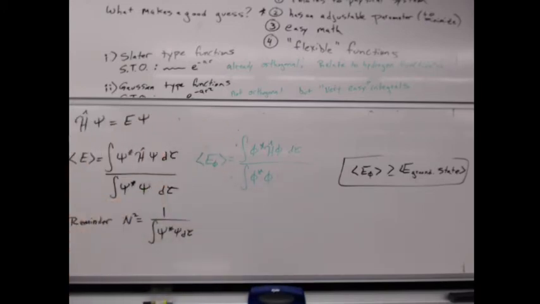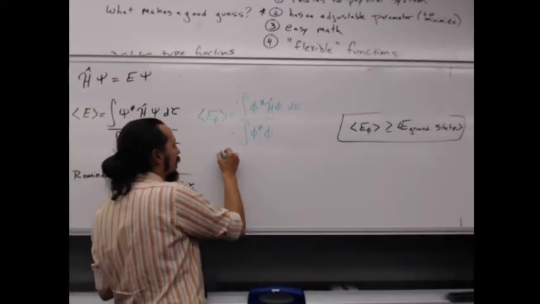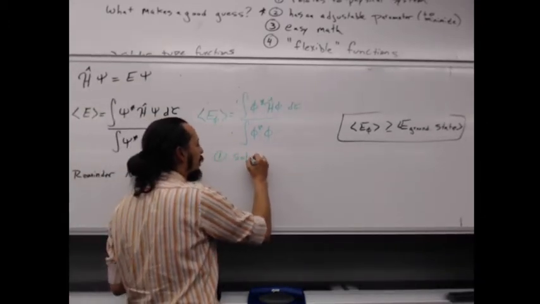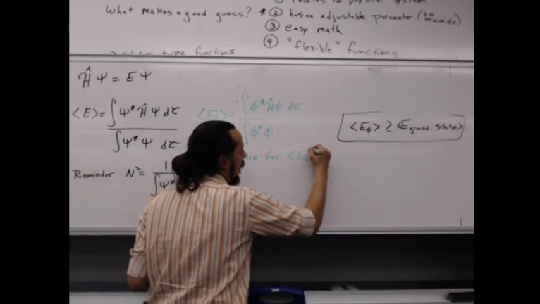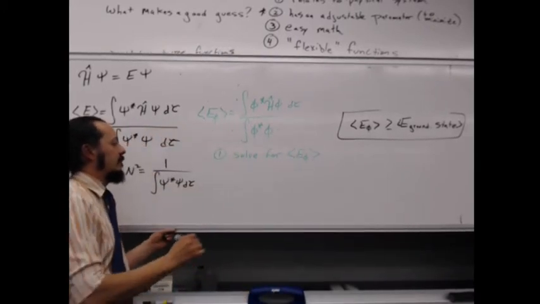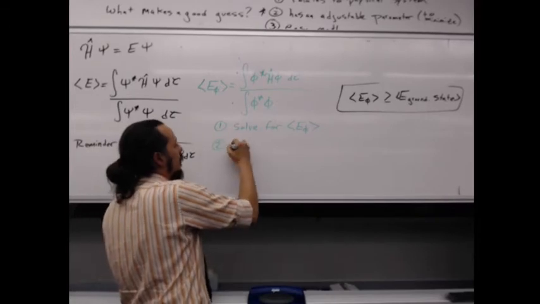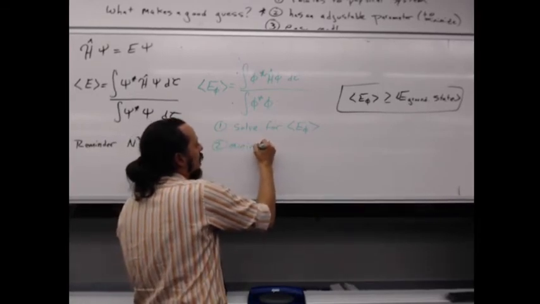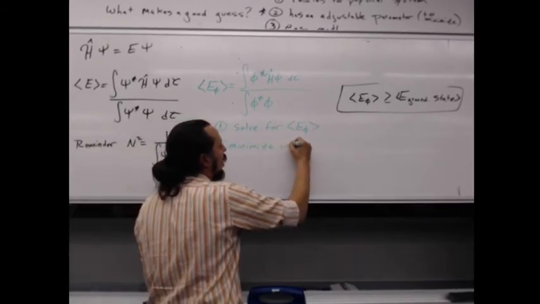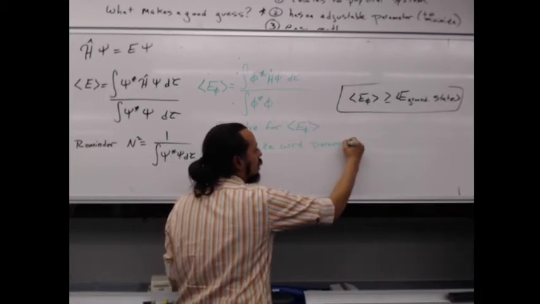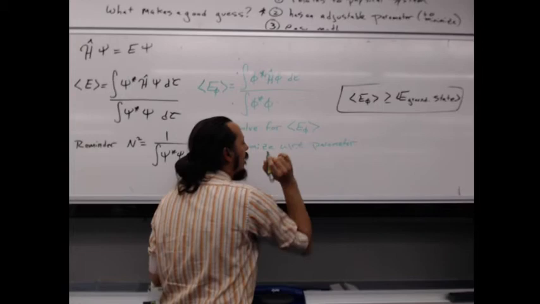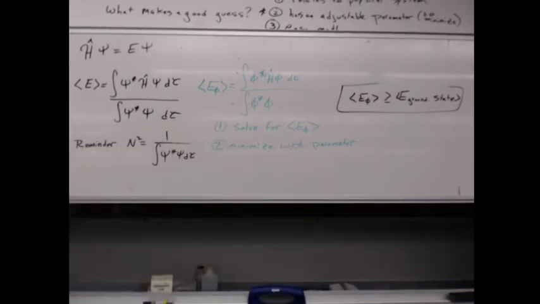I'm going to solve that. So there's always going to be the same set of steps. One, solve for E phi. Two, minimize with respect to the parameter.